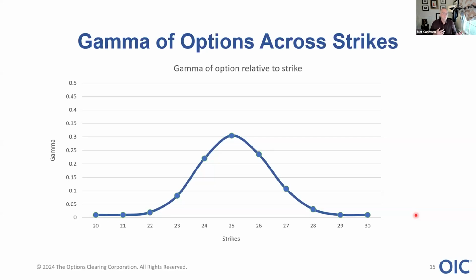The calls and the puts on the same strike have the same amount of gamma, because generally they have the same implied volatility and the same duration, they have many of the same characteristics, and thus their Greeks are exactly the same on the same strike. In this case, you're talking about the 25 calls and puts as being at the money options.